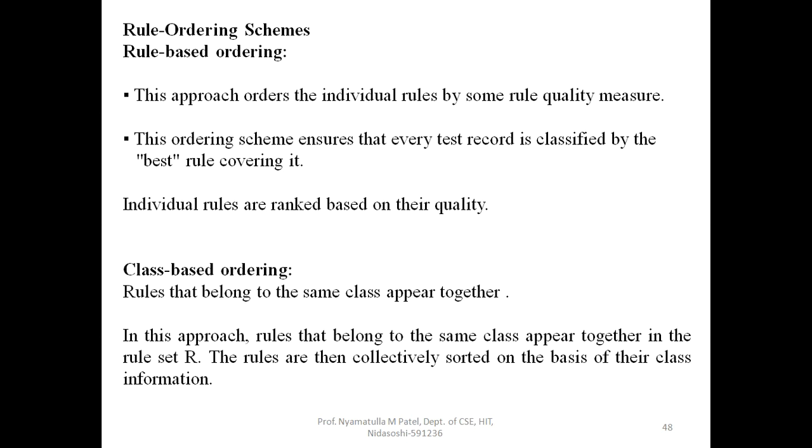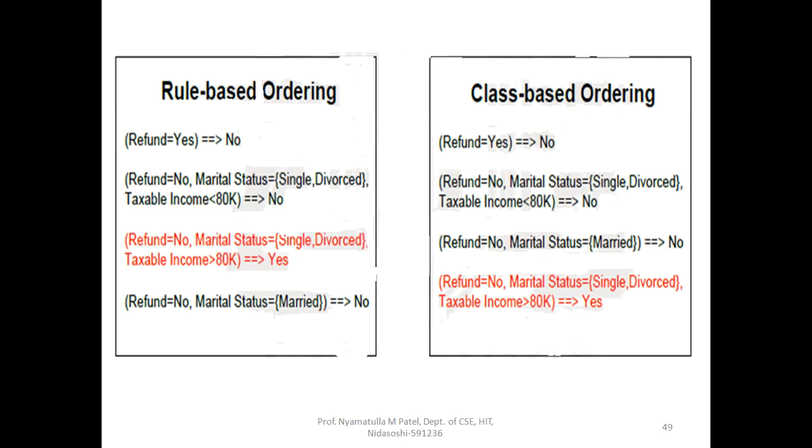Whenever you give a training set to the classifier, if two rules are triggering the same class, then this problem has to be resolved. It can be resolved by collectively sorting these rules based on their class information.